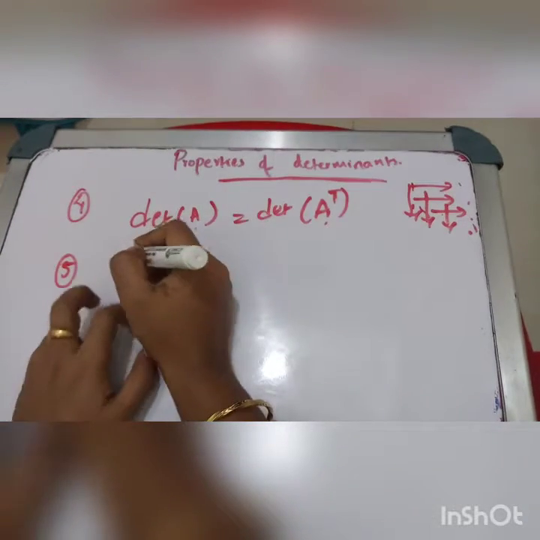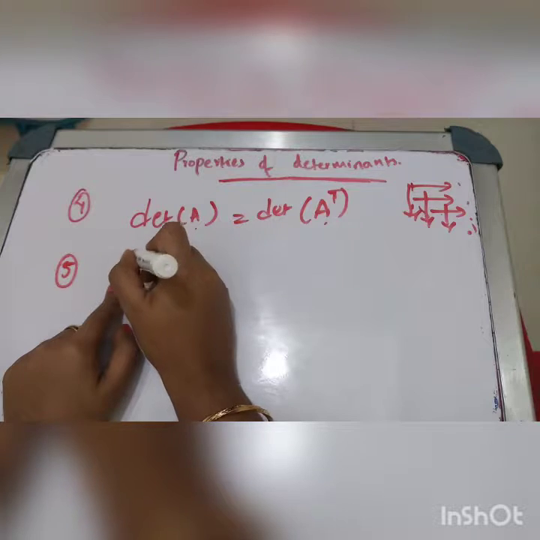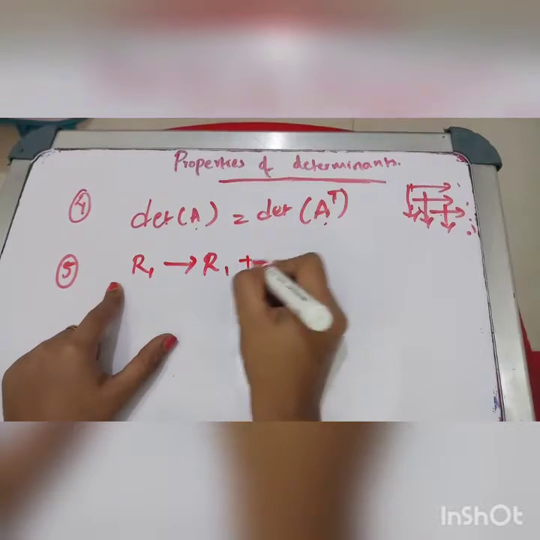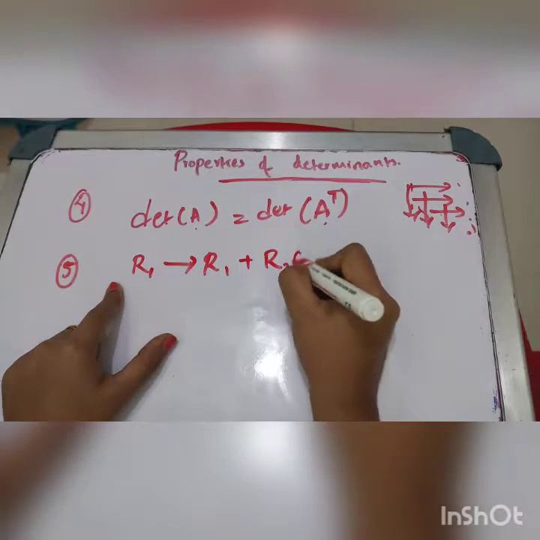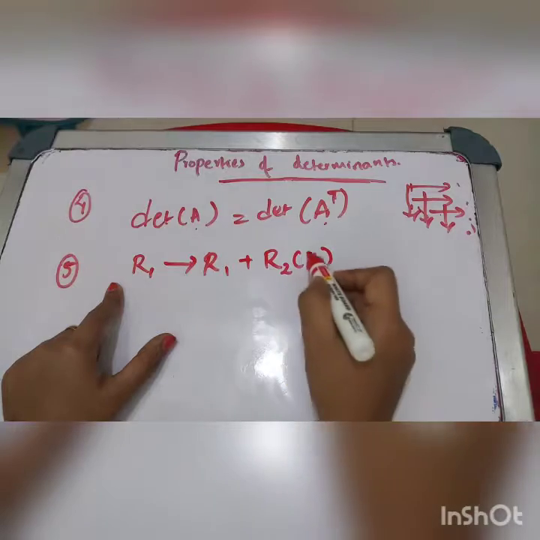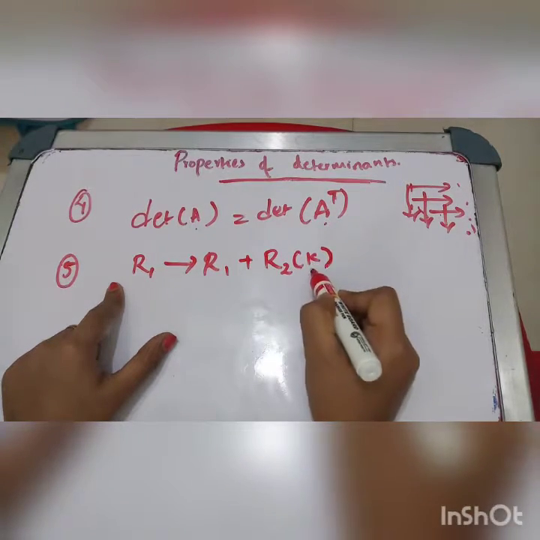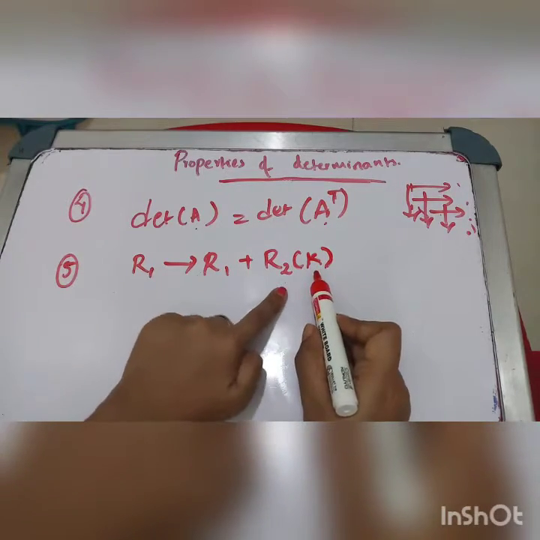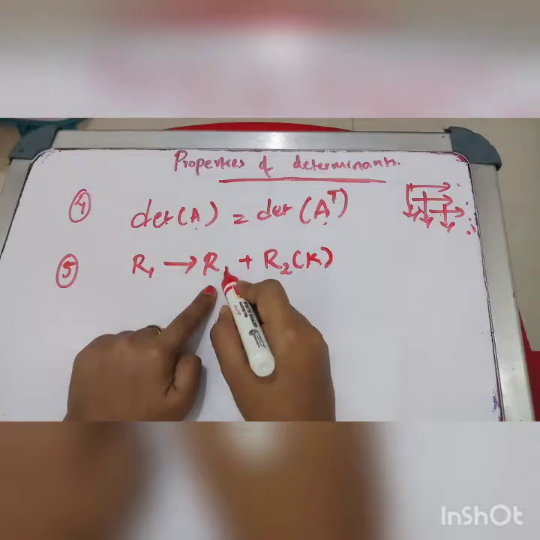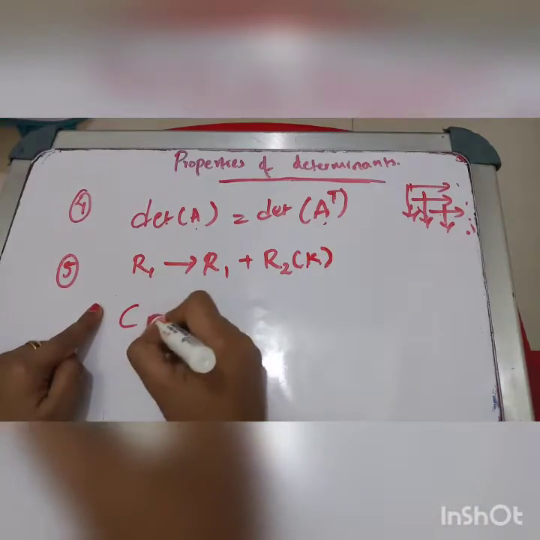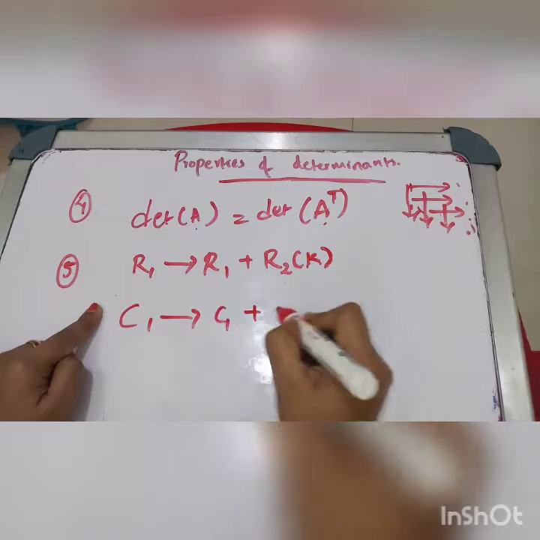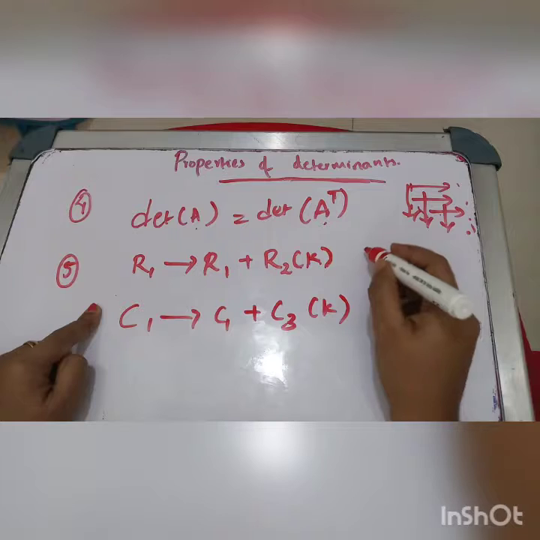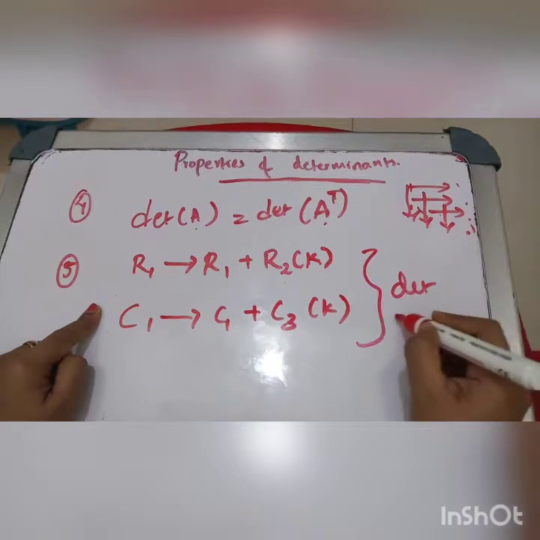Now the next property is, if we are adding one row to another row, or a multiple of another row, say row 2 is multiplied by a constant k, meaning each element is multiplied by k, and we add this row to another row, let it be R1, or otherwise let one column be added to another column, in both these cases the determinant is unchanged.